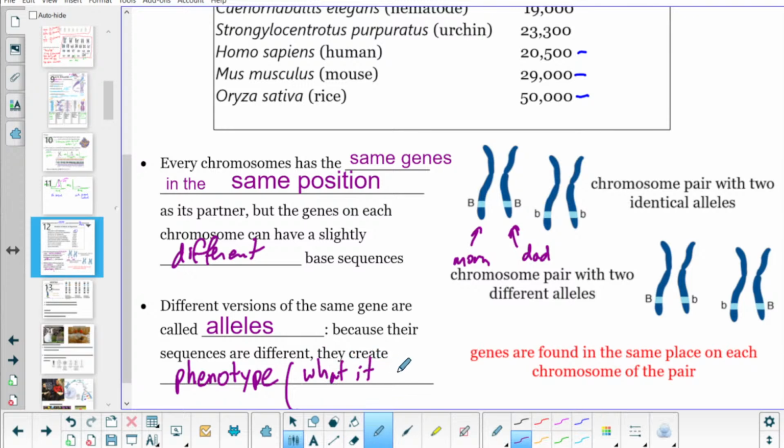What it looks like. So the allele is the gene, and the expression, how it comes out, is the phenotype.